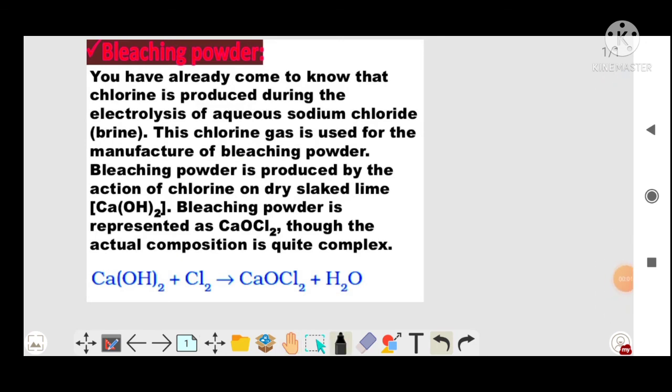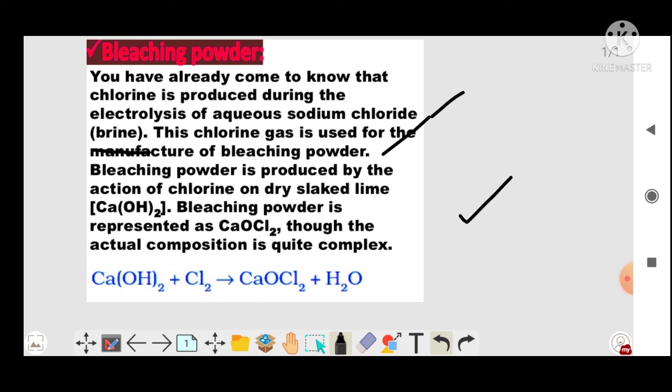Okay, now come to bleaching powder. You have already come to know that chlorine is produced during electrolysis of aqueous sodium chloride. Aqueous solution of sodium chloride is called brine. This chlorine gas is used for the manufacture of bleaching powder.